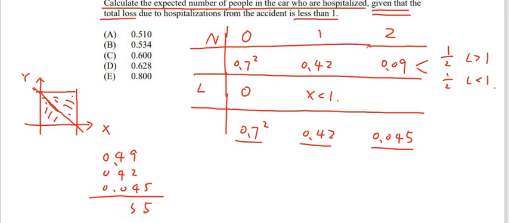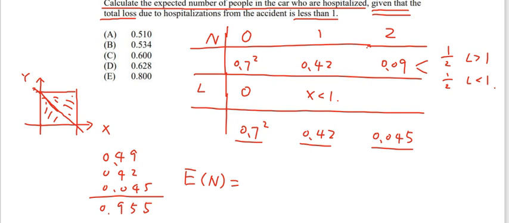This 5, 9, right? So totally is just 9. So divided by 955. Then this becomes the conditional distribution. Okay, so now we can find the expectation, right? So n equals 0, multiply this, forget.